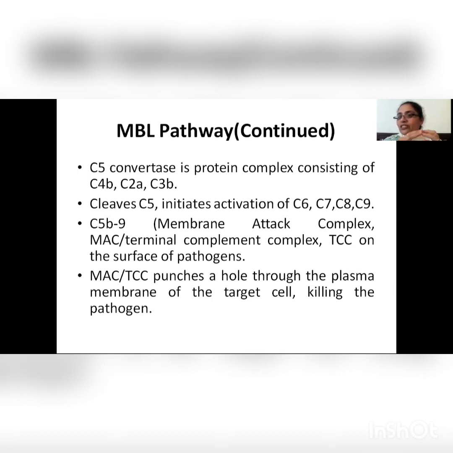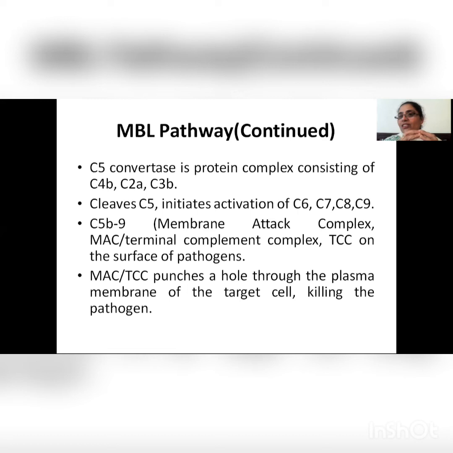When it binds to the pathogen, at that time MBL serine protease 1 gets activated, and then serine protease 1 makes MBL serine protease 2 activated, and this goes and activates C4 and C2, and C4 and C2 together form C3. And once C3 is formed, it's like the classical pathway itself, and then this all binds to the pathogen.